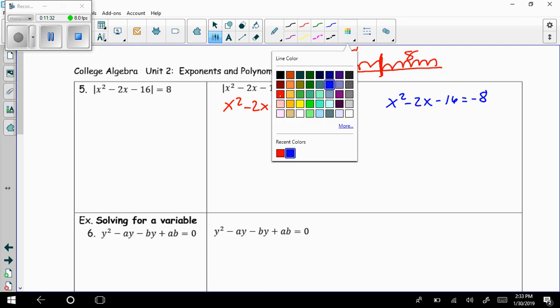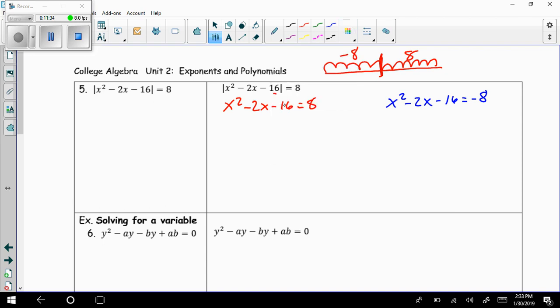Okay, same rules apply. We have to get this zeroed out, all right, get it set to 0. So x squared minus 2x minus 16, minus 8, is minus 24. All right, so then we factor x and x.